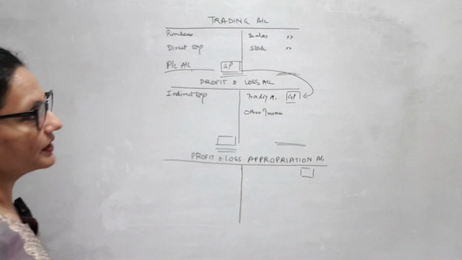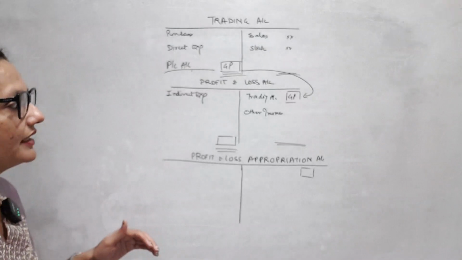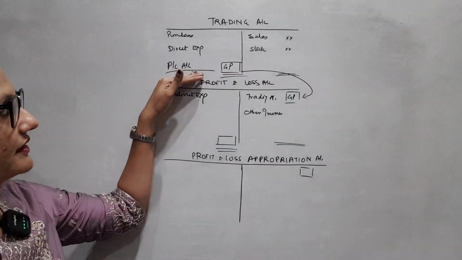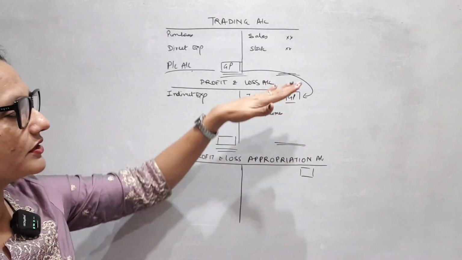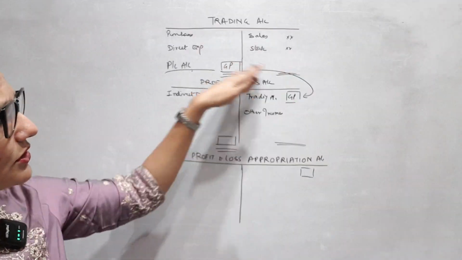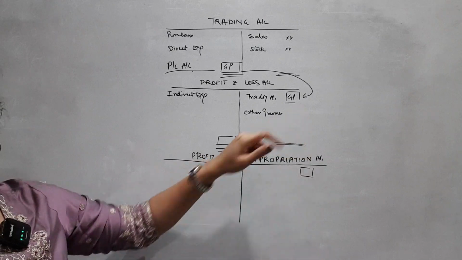So if you remember these entries, the journal entries here, see, this is trading account debit and it is PL account credit. That same effect is coming here. This is profit and loss account credit and debit, trading account. So this is how your gross profit gets transferred here.